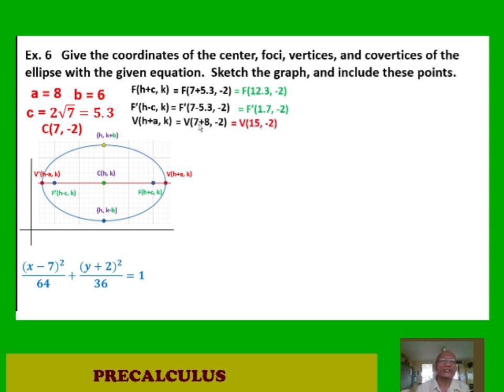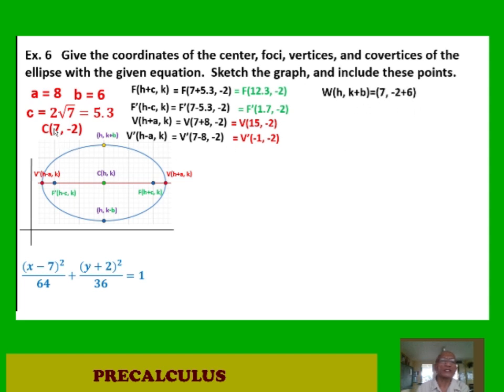For our vertices, h is 7, a is 8, k is negative 2. So 7 plus 8 is 15, comma, negative 2. And the other vertex, instead of plus, minus, so this is negative 1, negative 2. And the co-vertices are (h, k plus b).